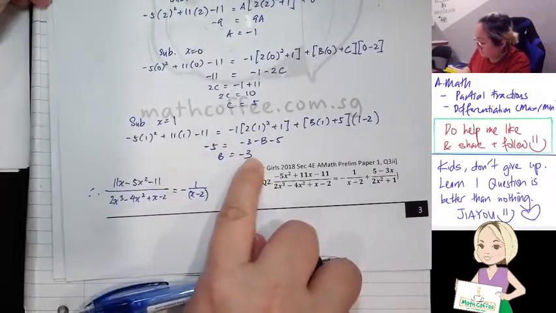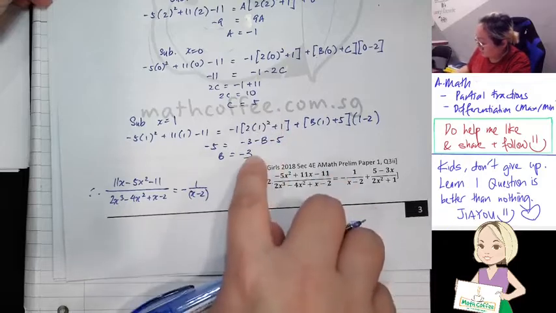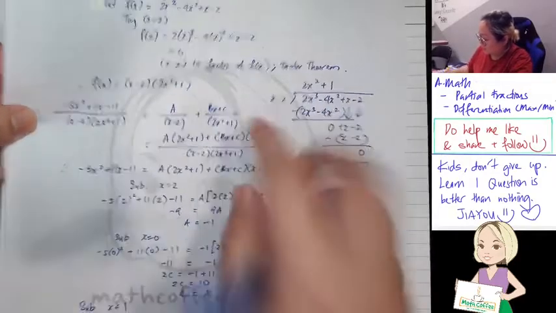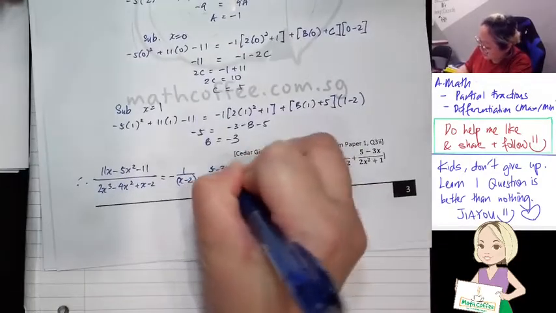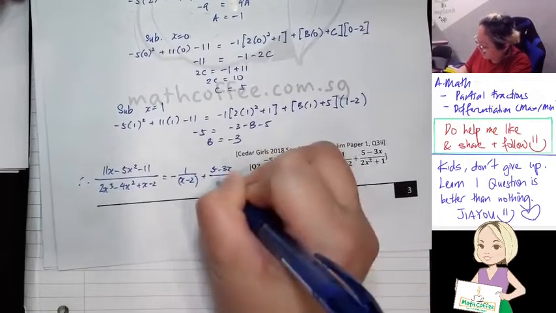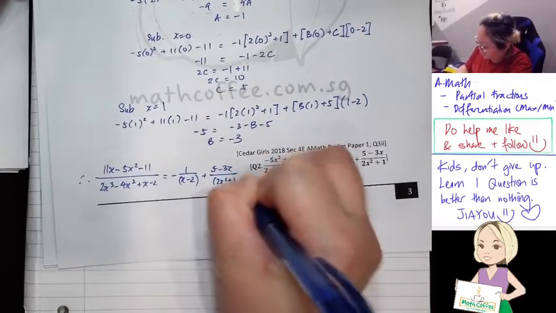This is minus 3x, so it will be minus 3x plus 5, right? So I will write it as 5 minus 3x over 2x squared plus 1, and we are done.